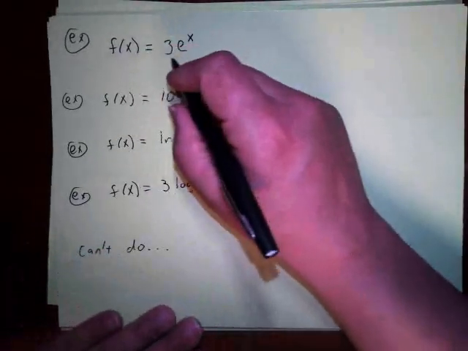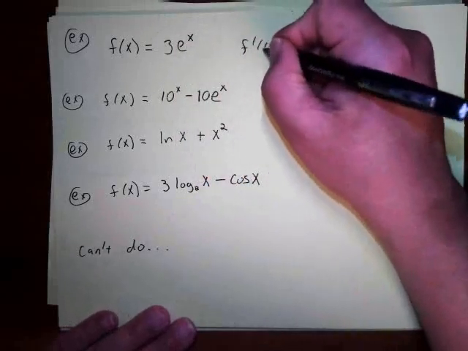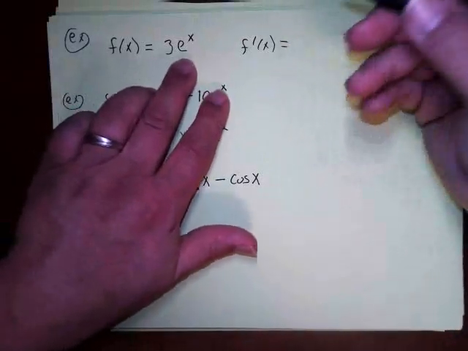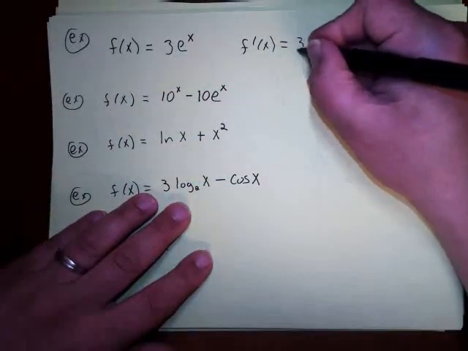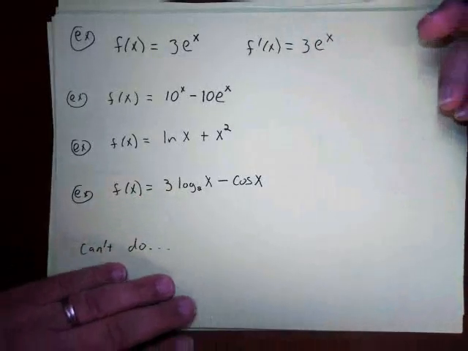So if I wanted to take the derivative of 3e to the x using the constant multiple rule, this is just going to be the constant times the derivative of e to the x. And e to the x is equal to itself, so it's just 3e to the x. Okay.